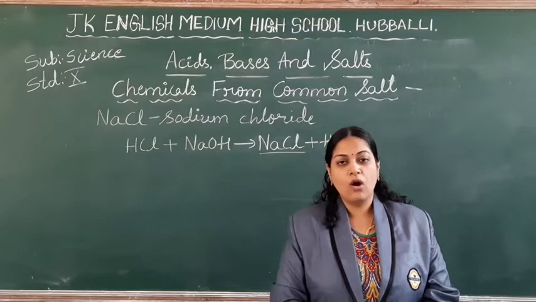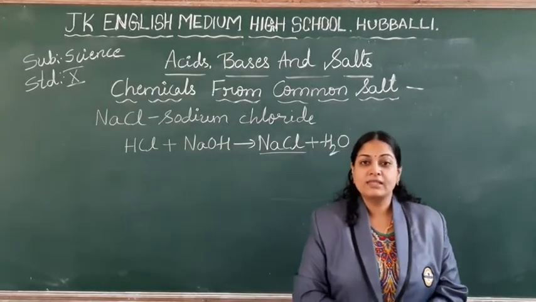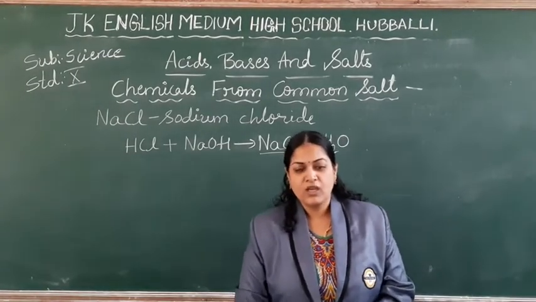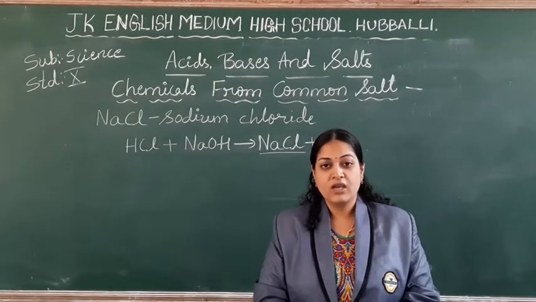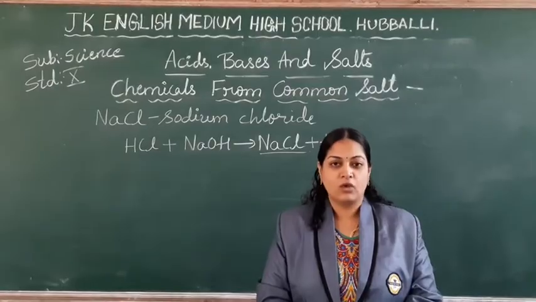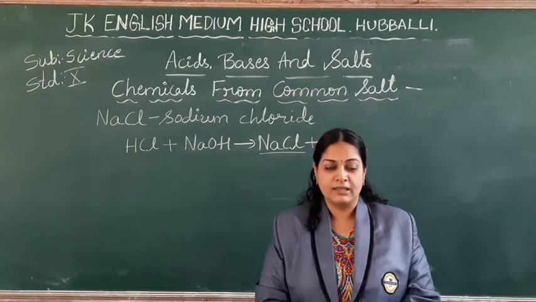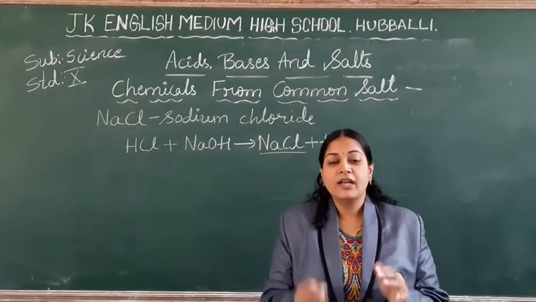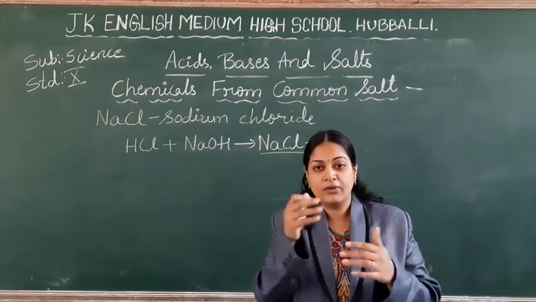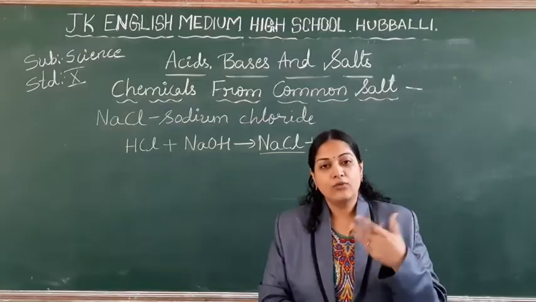This is the way of formation of the common salt. As you know, we get common salt in huge quantity from sea water. When you take it out from the sea water, it will be brown in color. Why? Because it has different types of salts along with it, and a few impurities.